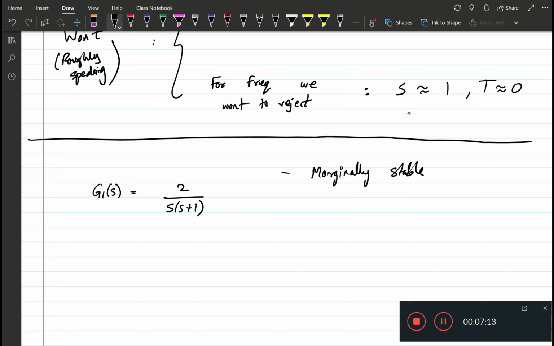That's because we have one integrator here and one stable pole at -1. Also note that this is strictly proper with pole excess of 2. So there are 2 poles and no zeros, so the pole excess is just 2.